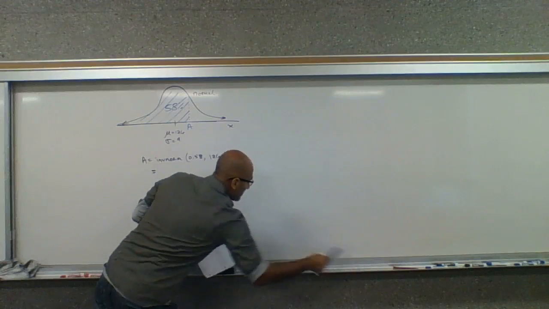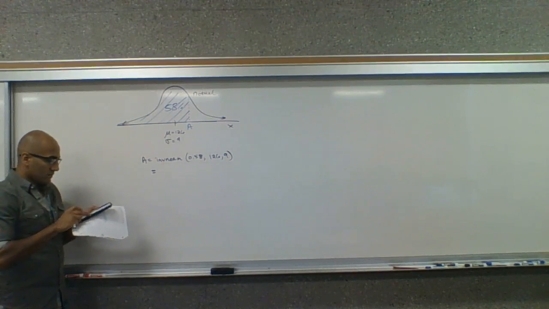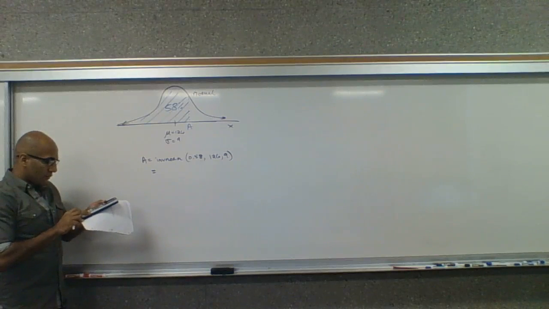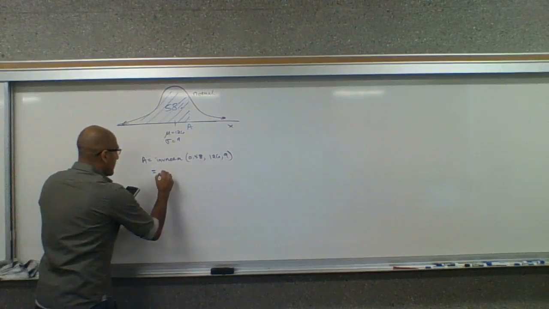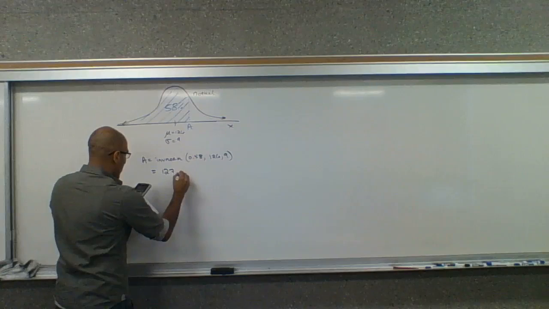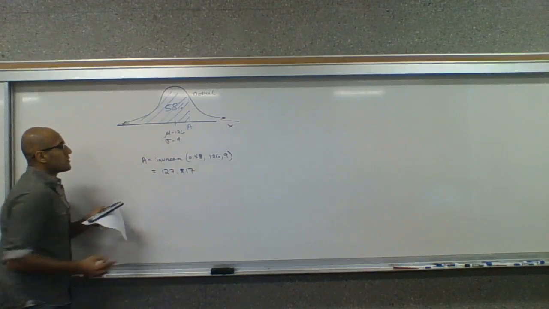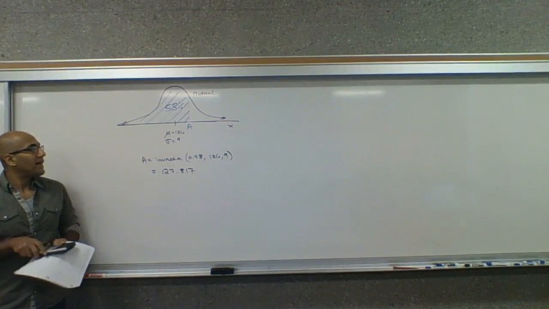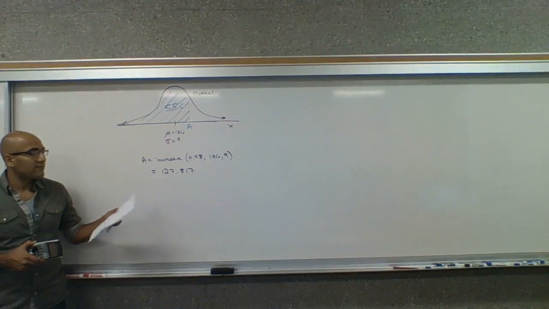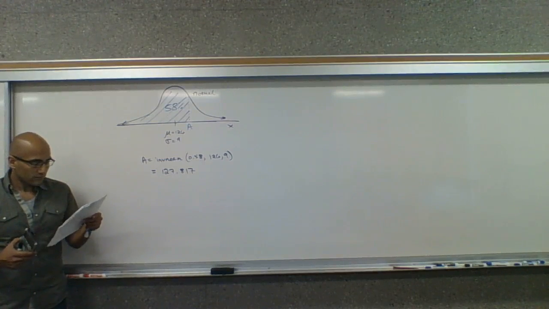And what do we get there? 127.817. So 127.817 minutes is the value that is the 58th percentile of this distribution.